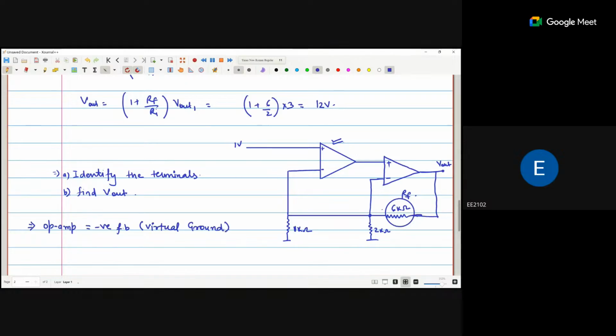Is it clear? So what is the meaning of virtual ground? That means the voltage at this point and voltage at this point is same. If voltage at both points is the same, no current will be going inside this one and no current will be leaving out this one.